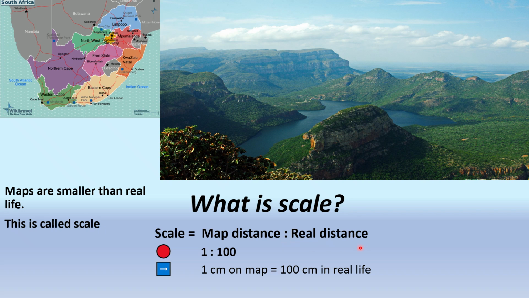So we already know kind of what maps are. This is a map, and Google Maps is a map. So we know what maps are, but now we need to focus on what distance means. Distance, to put it in simple terms, is to go from, let's say, here to there.